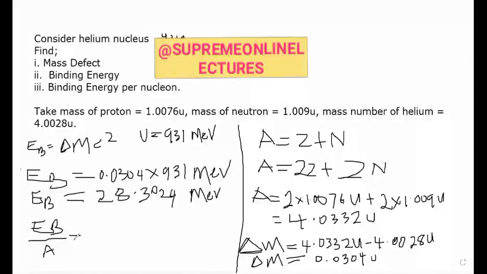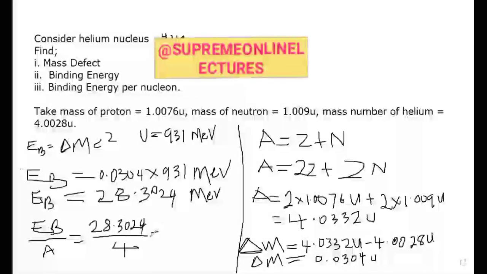What is the mass number? We were considering helium. Look at the mass number here, 4. So this would be the binding energy, 28.3024 divided by A, which is 4.